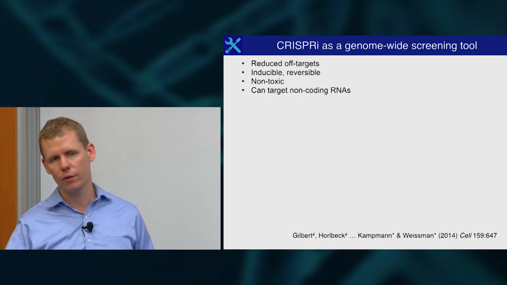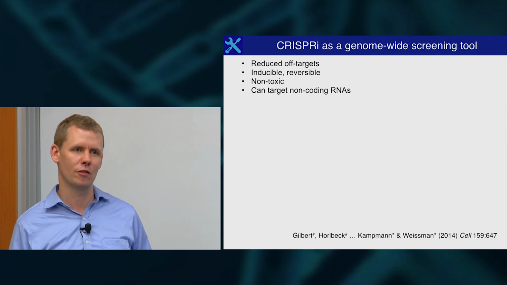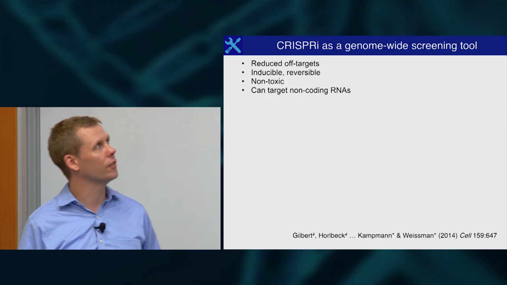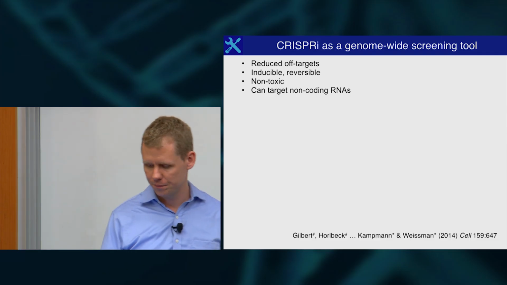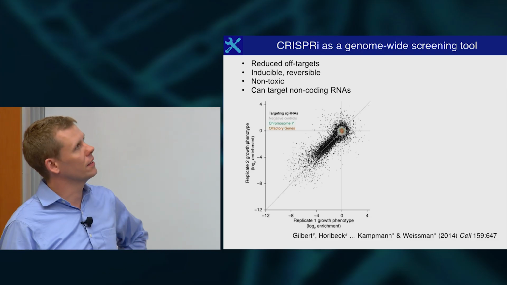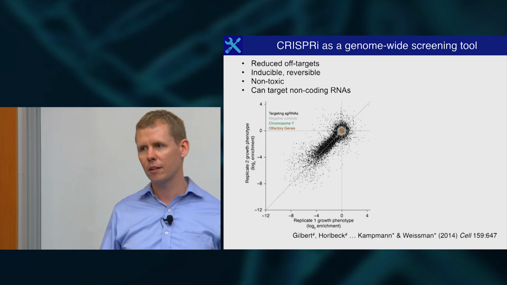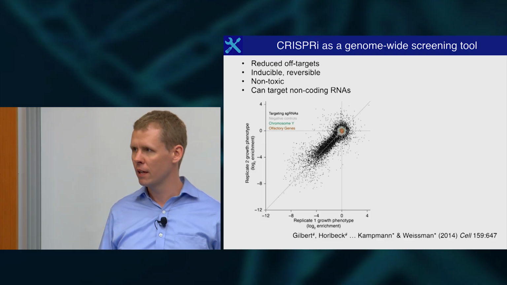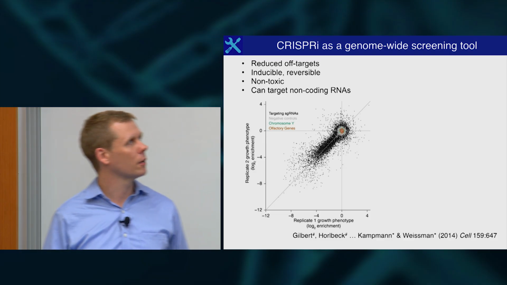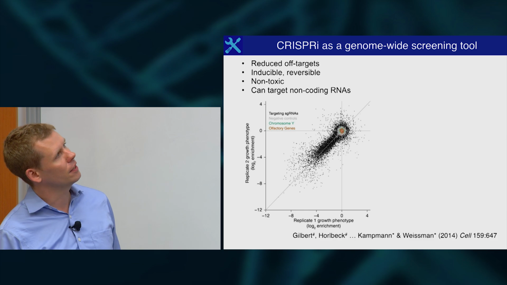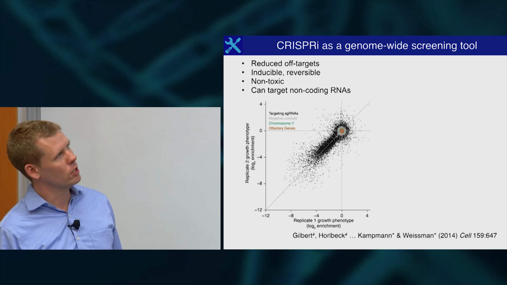But again, for these long non-coding RNAs, generally we have no clue. So this would be very hard to do in other ways. Luke already showed you, based on an RNA-seq experiment, the really exquisite specificity in one example of targeting with CRISPRi. Here we have a different experiment where we base our observations on the growth phenotypes of genes.